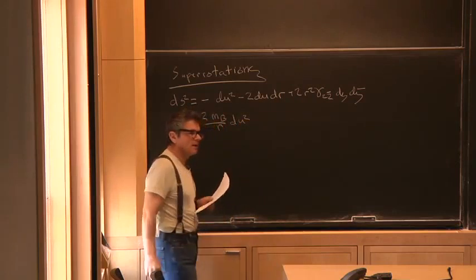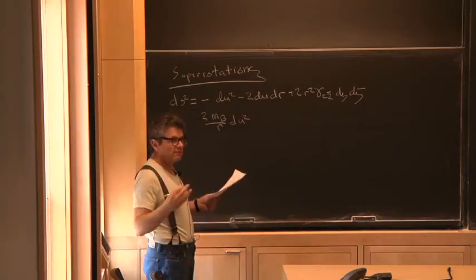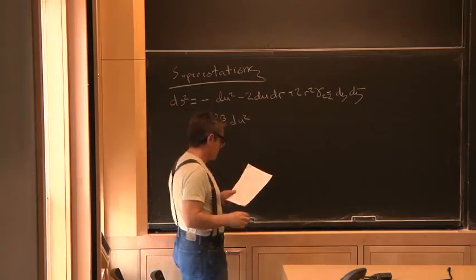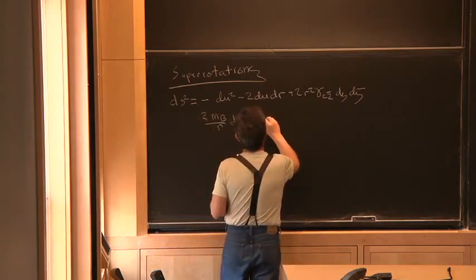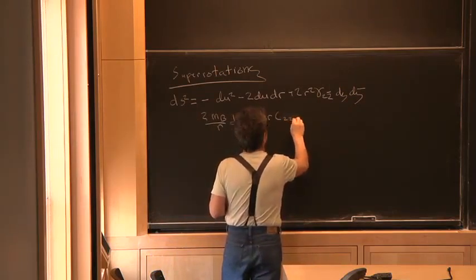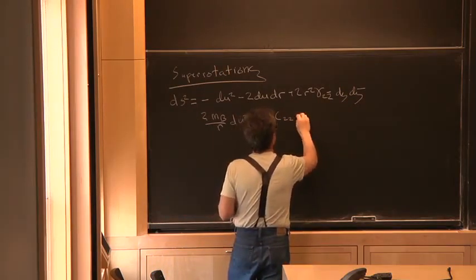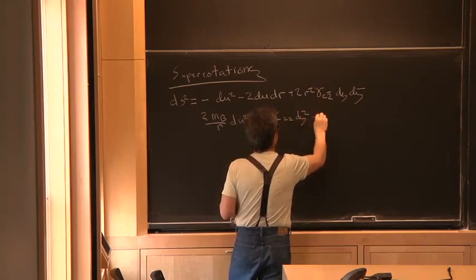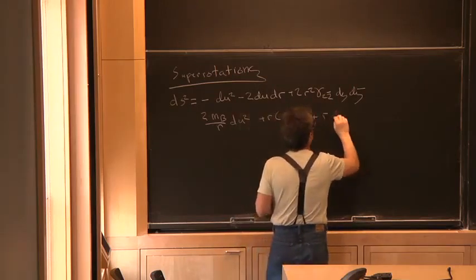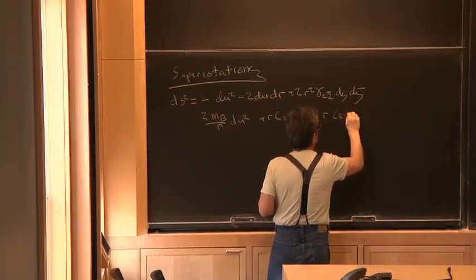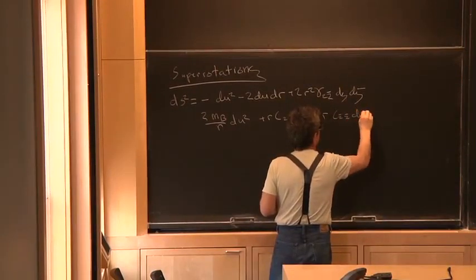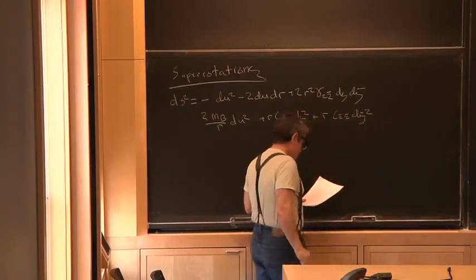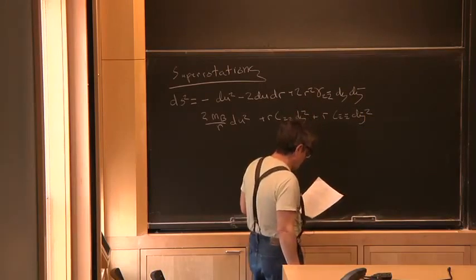That's the leading correction that you get if you, say, just have a black hole. And then there's the term that comes from gravitational waves, r C_zz dz squared plus r C_zbar zbar dzbar squared.